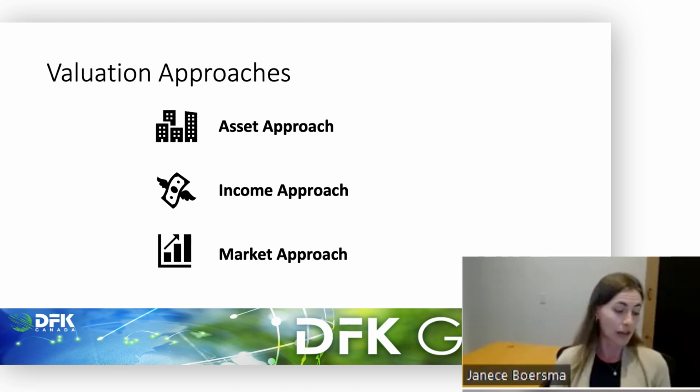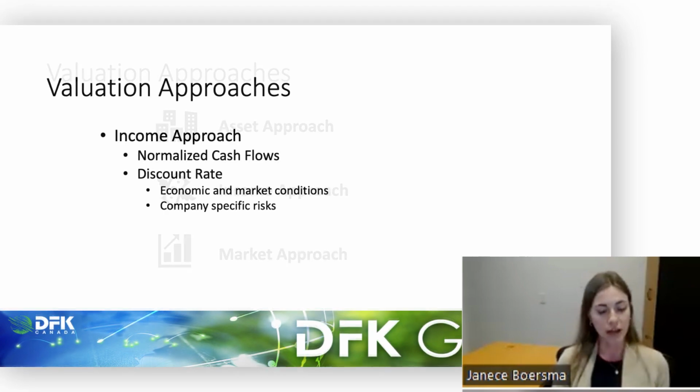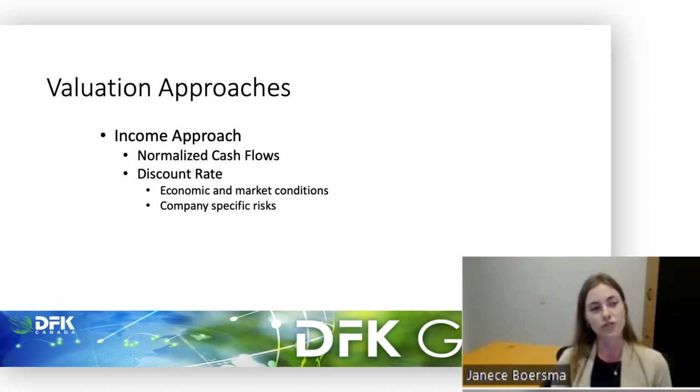And then third, we have the income approach, which is used for operating companies and when there's goodwill. So this is likely an approach you would see when you're considering valuing your operating business. On the next slide, we'll look at 2 main considerations for the income approach. Like in the name, it's based on income or cash flows of a company. There are 2 ways to look at an income approach, and one is to look at your historical earnings.